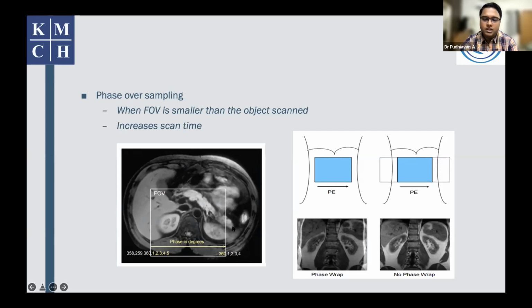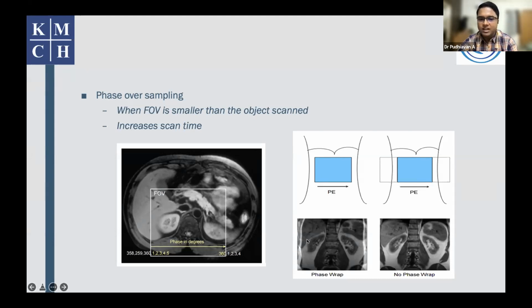So if the FOV is smaller and there is phase encoding happening outside the FOV, the data coming from this particular point and this particular point will be put in the same voxel in the image that is generated. This will result in something called a phase wrap artifact, where the image present on the left hand side of the FOV is placed on the right hand side of the image. This is called phase wrap.